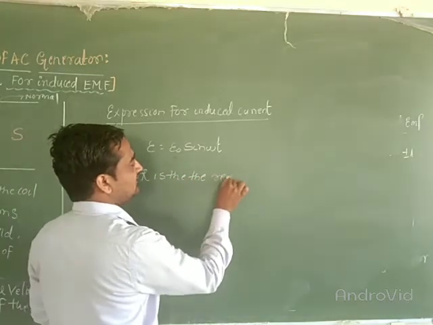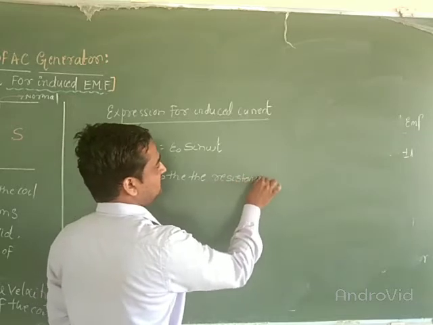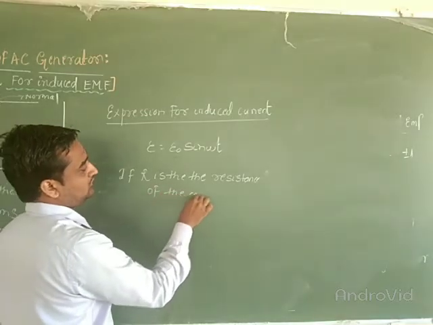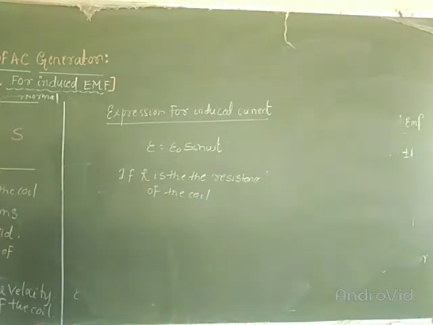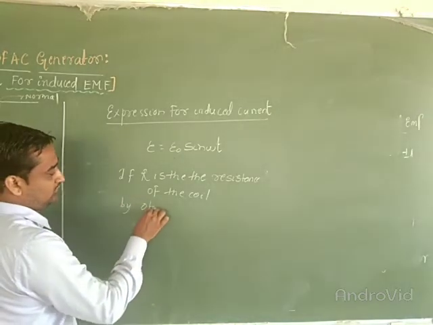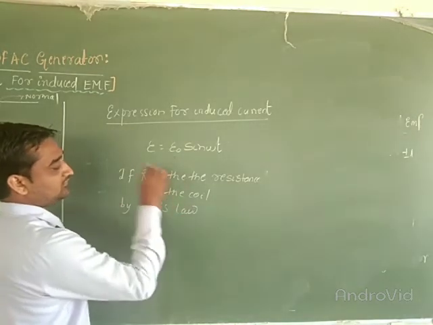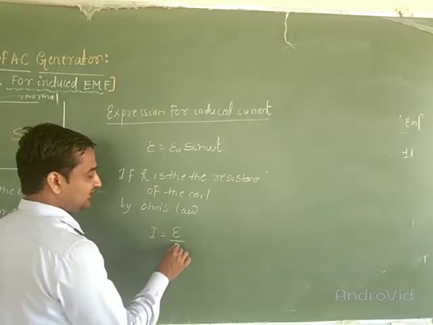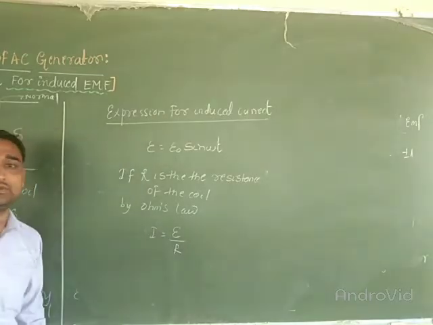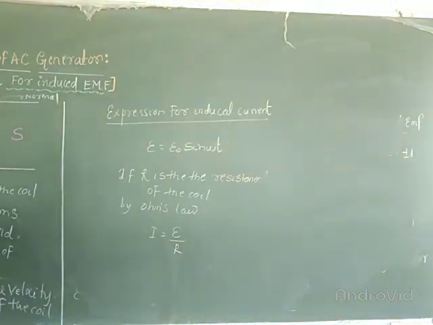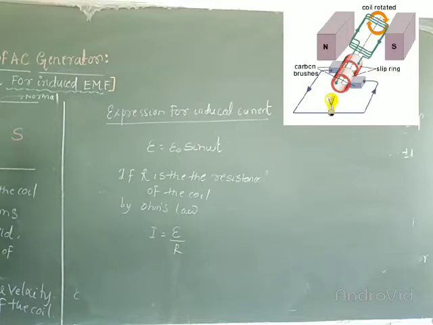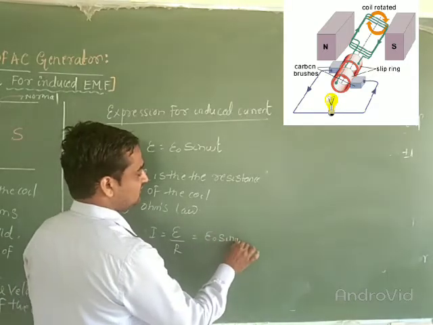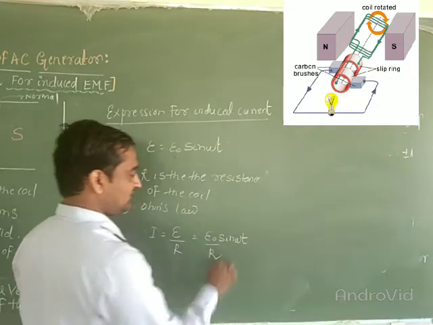V is equal to I into R. Therefore, induced current I is equal to E divided by R, and this is equal to E naught sin omega t divided by R.